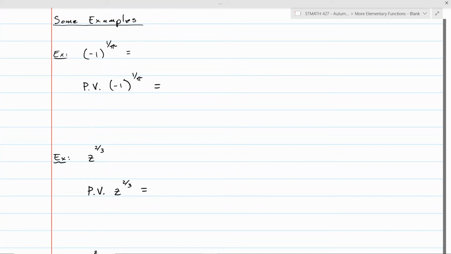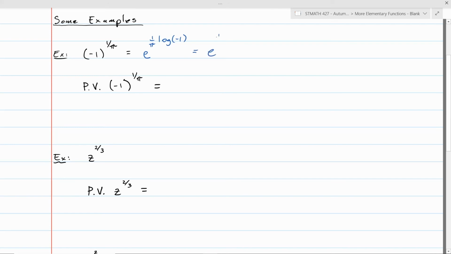So -1 to the 1 over pi. According to our definitions, -1 to the 1 over pi would be e to the 1 over pi times log of -1. Log of -1 has multiple values, so you can write those out like this.